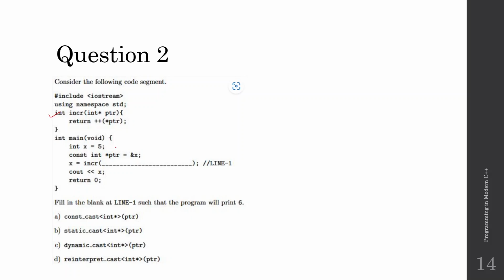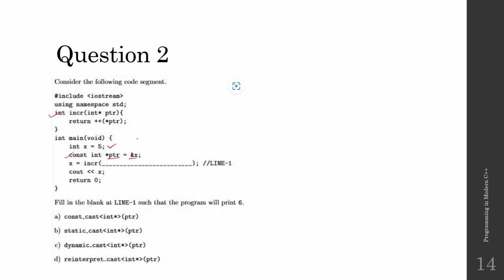And in the main function we have x equal to 5, and we are creating an integer pointer and we are setting it to the address of x. Note that here the pointer is a constant.